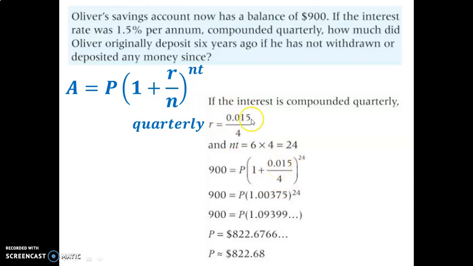And since it's paid 4 times per year, and for 6 years, 6 times 4 makes 24 payments in total. So 24 goes here. And then you're solving for the initial amount that he deposited 6 years ago. We know the future amount, but we need to know that. So you're solving backwards for P. Pretty easy algebra there. Hope that worked out for you.